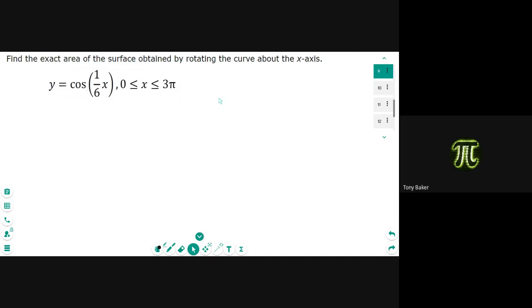Got it. Okay, how do I find surface area? It's kind of like arc length, right? It has arc length in it. So your surface area formulas were, for A to B, 2 pi y.